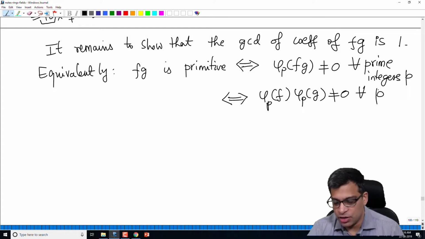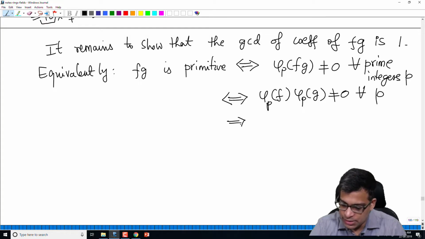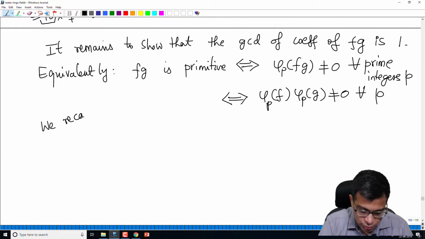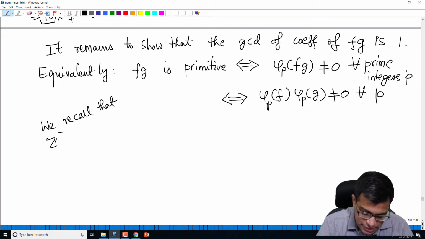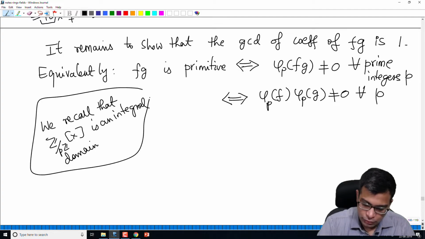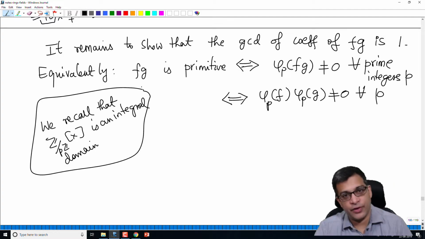But if this product is non-zero, now we use the fact that Z mod pZ[x] is an integral domain. Z mod pZ is in fact a field, so it's an integral domain. When you attach a variable to an integral domain, it remains an integral domain.